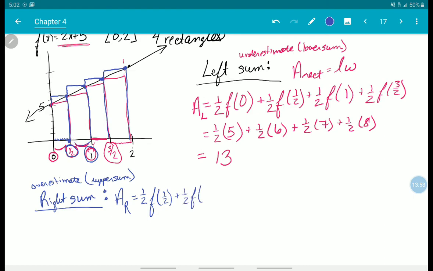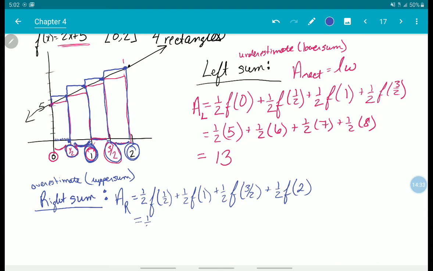For that second interval, which is between 1/2 and 1, that right-hand side is 1. For that third interval, we're between 1 and 3/2. We're going to choose the right side, 3/2. And then for that last rectangle, this is the fourth one, we're going to use that side of 2, since that's the right-hand side of that interval.